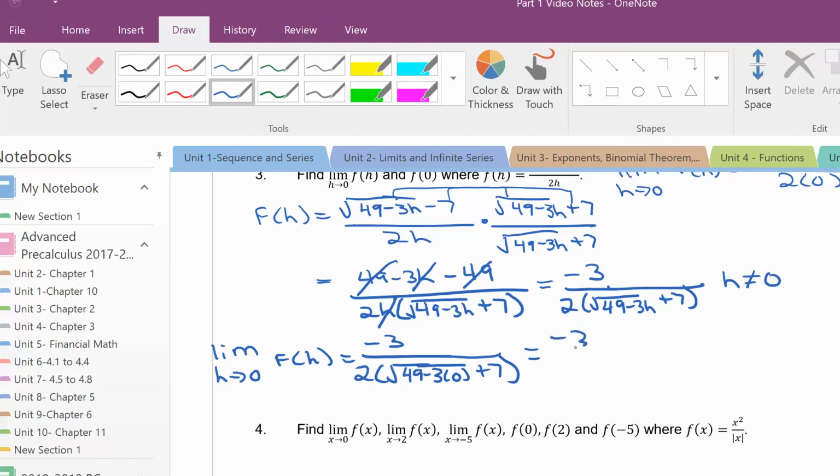So that's going to be negative 3 over, you get 7 plus 7 is 14, times 2 is 28. Now, if you were to find f of 0, that is still undefined because that is a restriction that you can't have 0.